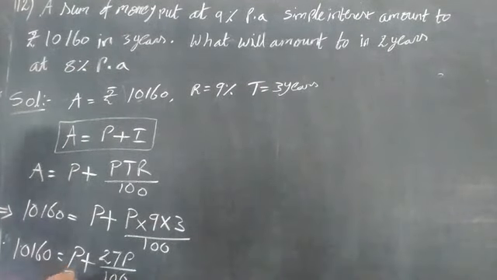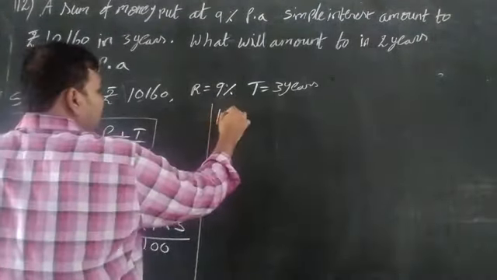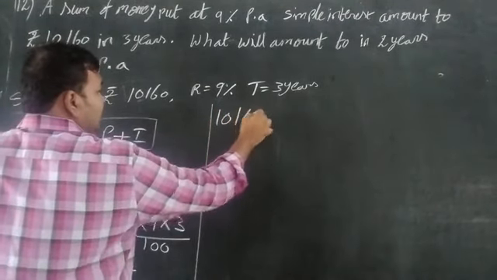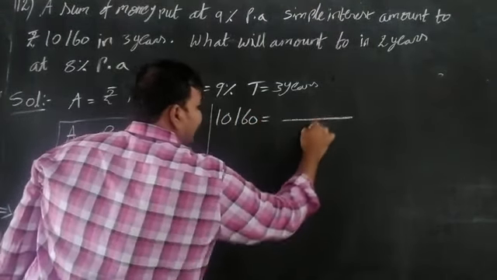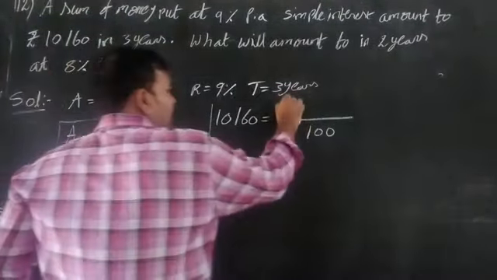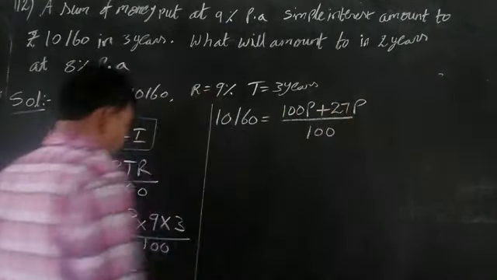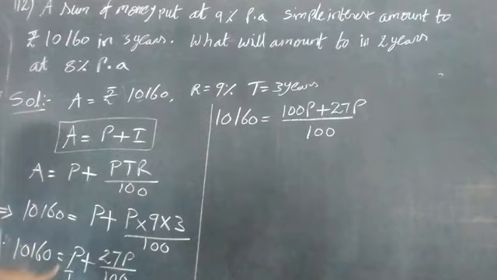Taking the LCM, 10160 is equal to the LCM will become 100. 100 into P, 100P, plus 1 into 27, 27P.